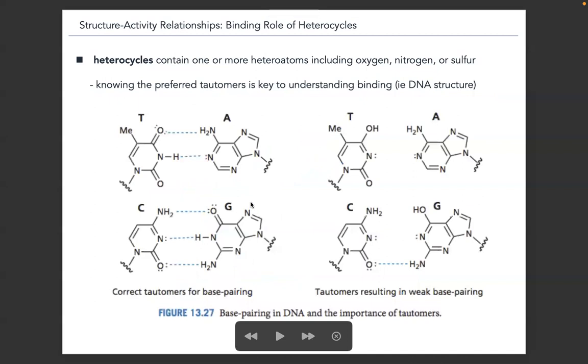You obviously know the structures affiliated with DNA and RNA, but it's really important to think about what the tautomers look like in those structures. By a tautomer, what I'm talking about is if you take the T in the top left and move to the T on the right, it's gone through the equivalent of a tautomerization, and those are considered tautomers of each other.